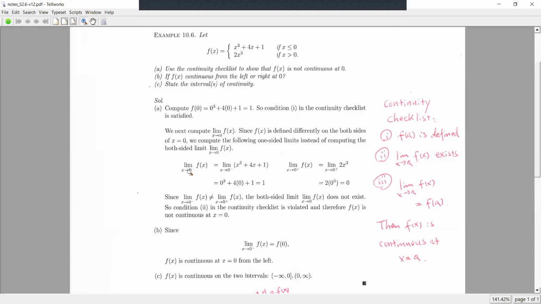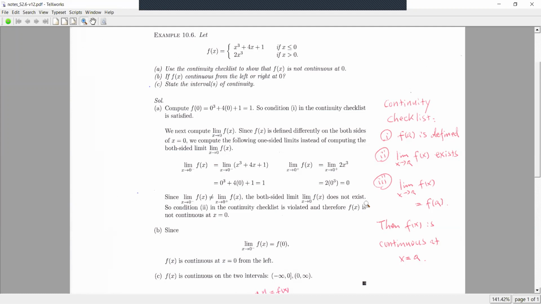So when x approaches 0 from the left side, the function approaches 1. When x approaches 0 from the right side, the function approaches 0. Two different limits. Therefore, the both-side limit at the point 0 doesn't exist. A limit should be 1 and only 1. When x approaches 0 from the left, we have one limit.